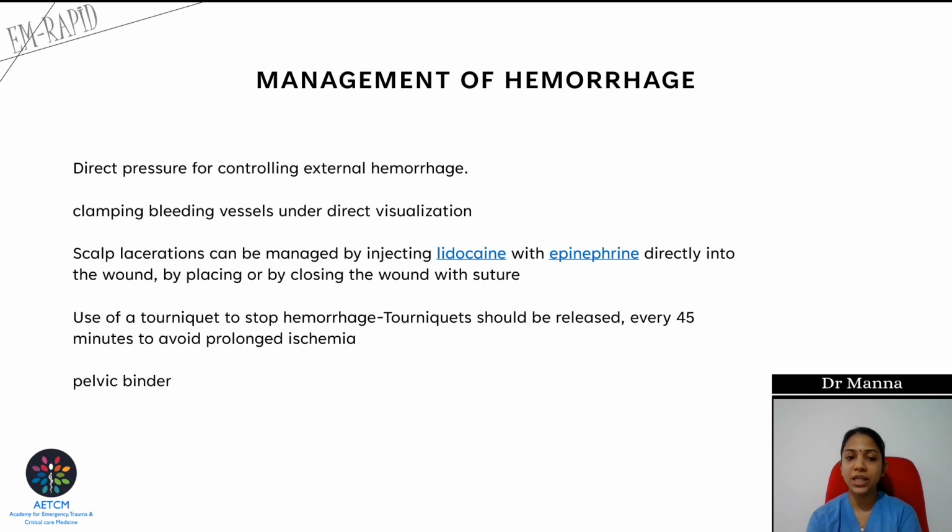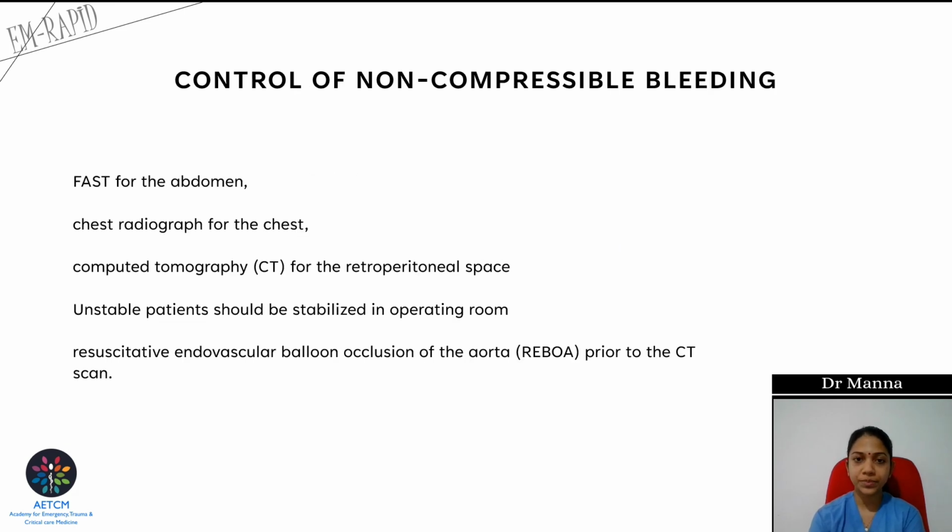If it is bleeding from an extremity, we can apply a tourniquet and stop the hemorrhage, and in order to prevent ischemia, we can release the tourniquet every 45 minutes. In case of pelvic injuries, we can apply a pelvic binder.